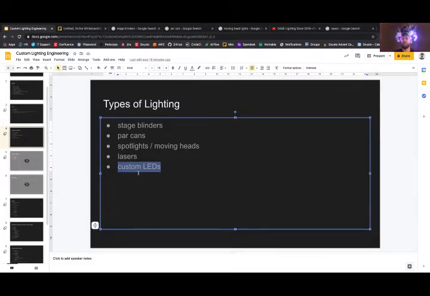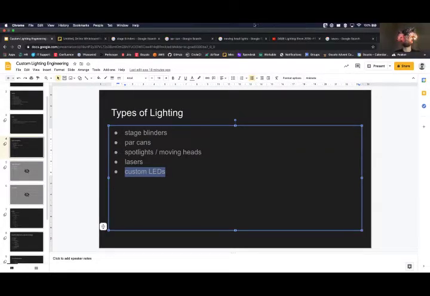Okay, so these are not off-the-shelf products, which means there's a lot more work required and it's a lot more difficult. However, if you build a custom LED installation, wearable or stage, it will be totally unique. No one else will have anything like it. And it will be all the more rewarding because of that.